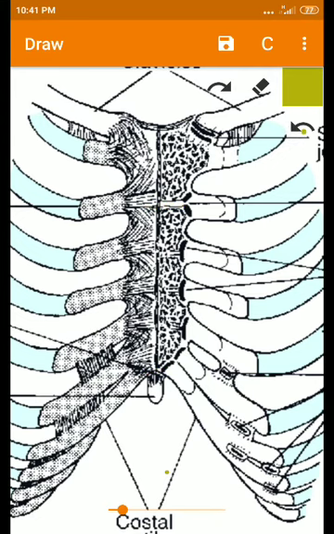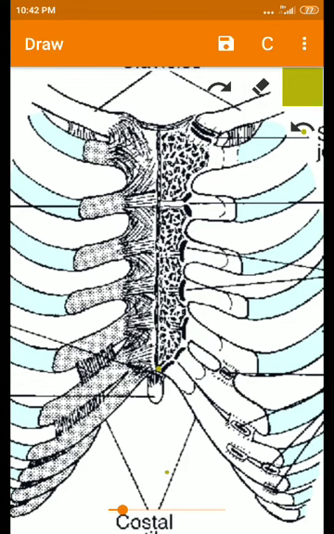One important aspect of this xiphisternal joint is that it ossifies between 40 to 50 years of age. So these are the two joints present in the sternum.